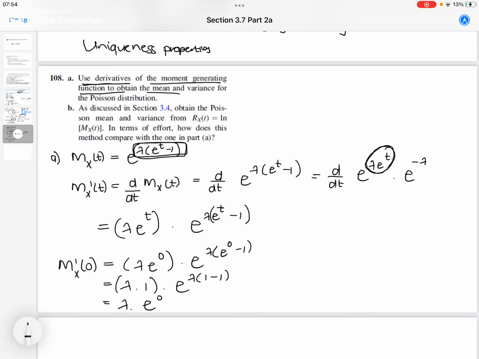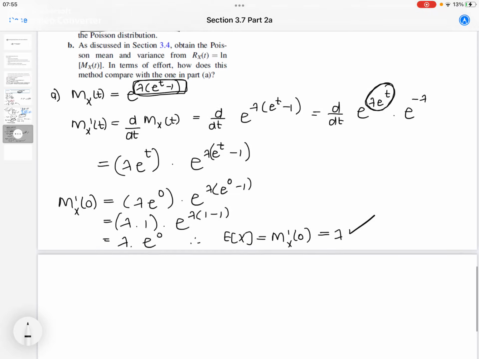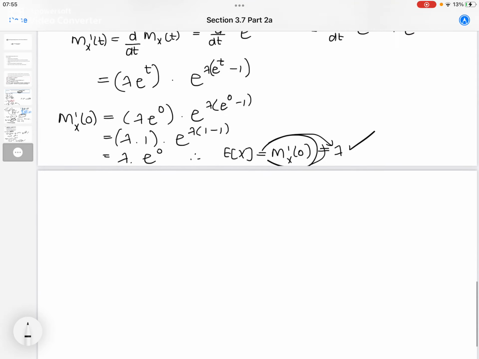So at the end we have lambda times e to the power 0, and so the expected value is equal to the first derivative of the moment generating function when t is equal to 0, and that is equal to lambda. So we just proved that the expected value is equal to lambda using the moment generating function.